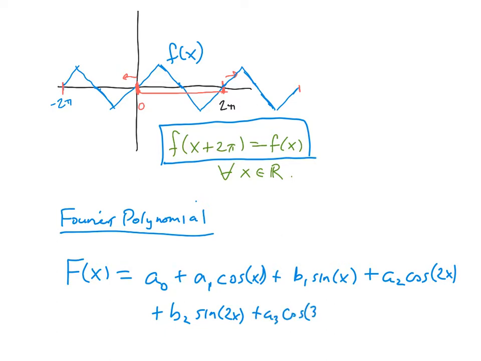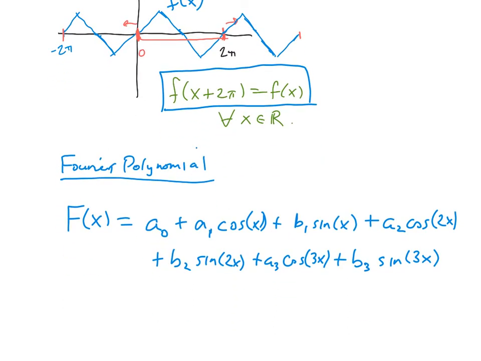You'll notice that at every value of the subscript, there are two terms: a cosine term and a sine term. b3 sine of 3x. And we're going to keep marching on like this. There's going to be one for every natural number, until I get to some specified n: an cosine of nx plus bn sine of nx. And then we're going to stop.